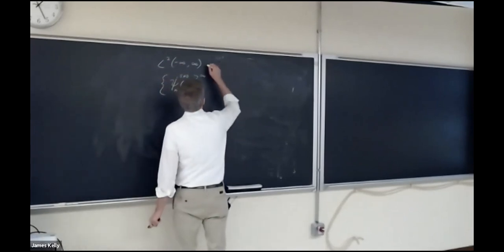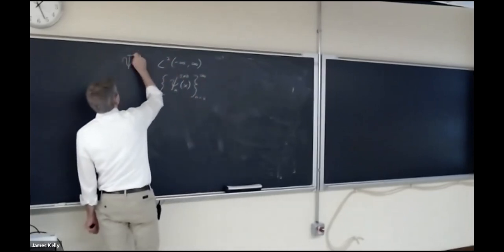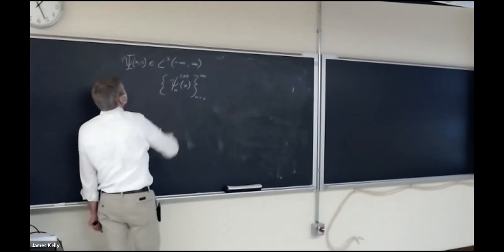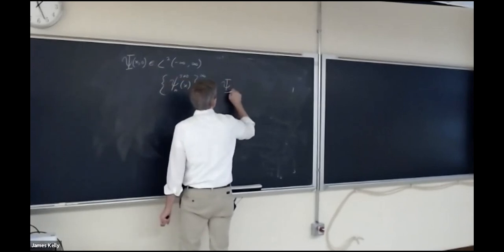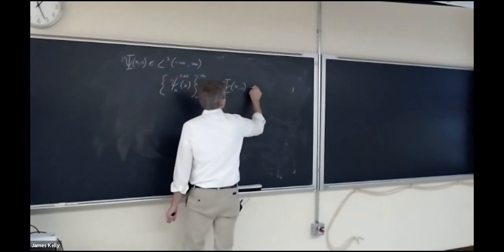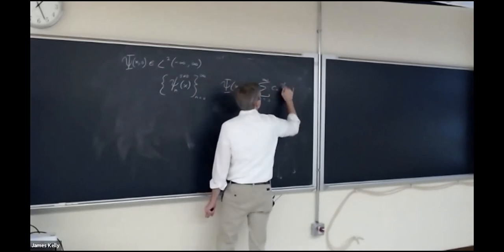And we said, no matter what capital psi as a function of x, which would be an element of that space, the claim is no matter what one you choose, you can write it as an infinite linear combination of these.